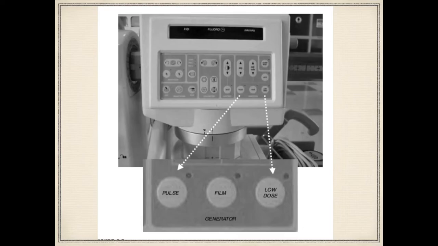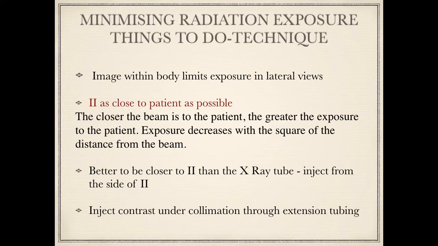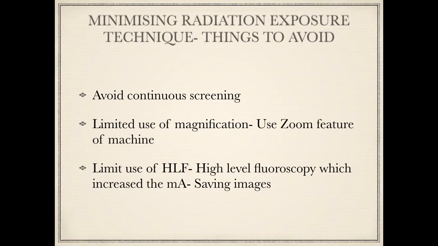So in between the two buttons where you see that film written, this is actually a button which I try and avoid using too much, because this is the high level fluoroscopy, which gives you a better image, but then it kind of increases the radiation exposure. If I have to use it, I would use it only when saving images.